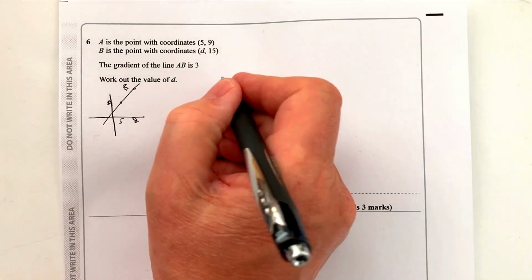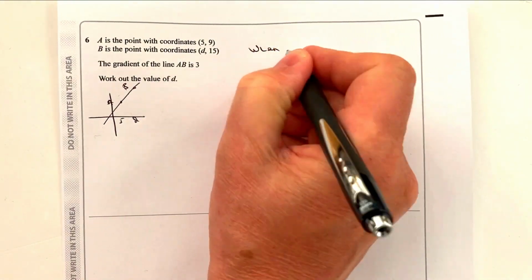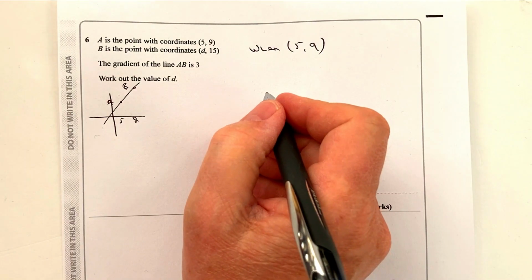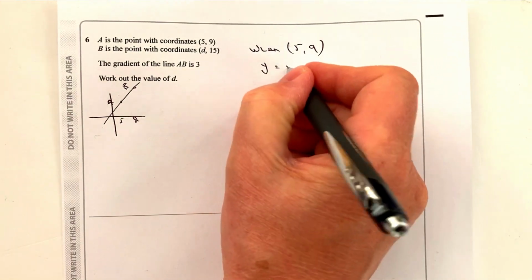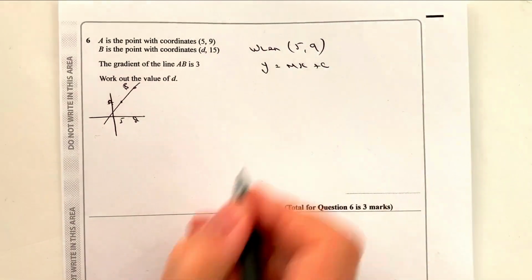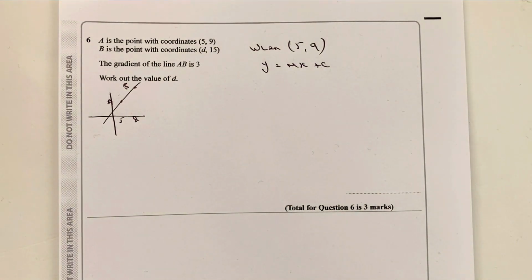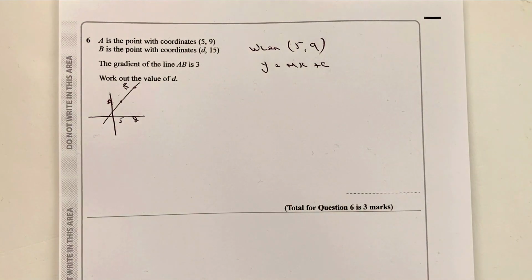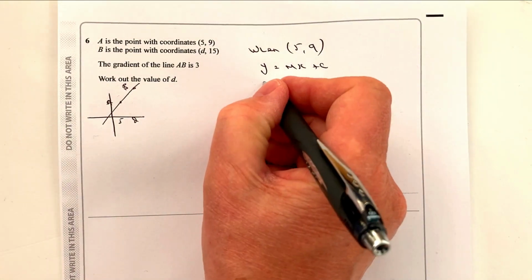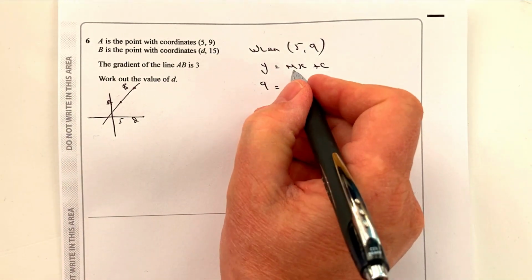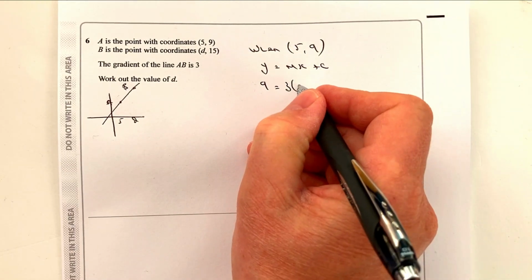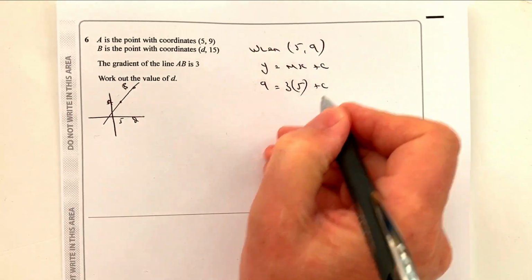So when we're at point A, which is (5, 9), I'm going to use y = mx + c. This will allow me to work out the equation of the line, where this point here is c. So I can say y is 9, the gradient is 3, which we're told, and the x value is 5, plus c.